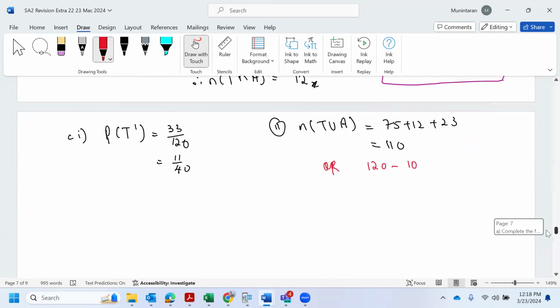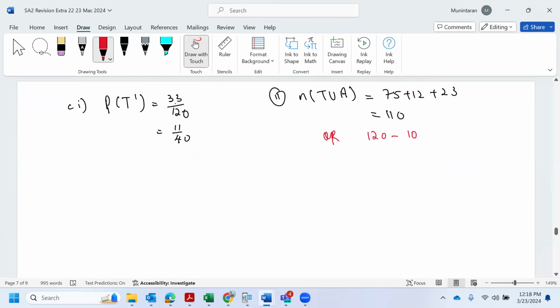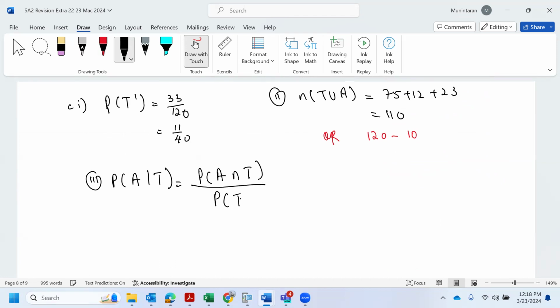A given T. This is again another conditional, so I hope by now you're already an expert. Probability A given T: we want the probability of A intersection T divided by the probability of T. In this case, you actually don't need to worry about the universal set.